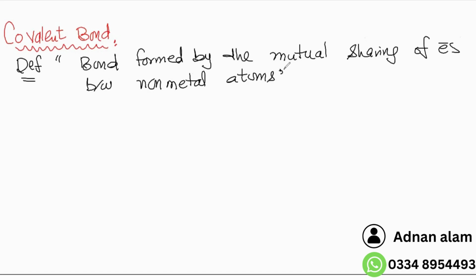And beta, you know that covalent bond forms between non-metal atoms. So that is why we are considering the mutual sharing of electrons between non-metal atoms, right?